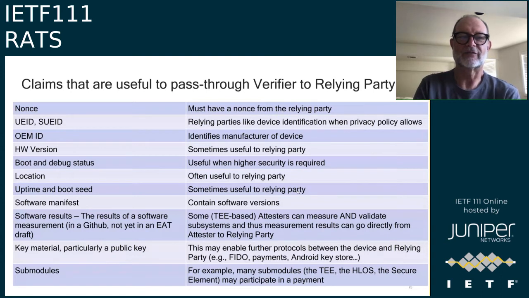So I believe this is a list of claims that I think are interesting to pass through the verifier to the relying party. The nonce, although for the nonce and replay freshness, there's a lot of complexity behind that I won't go into. Certainly relying parties like device identification when the privacy policy allows, so UEID and SUEID are passed through.